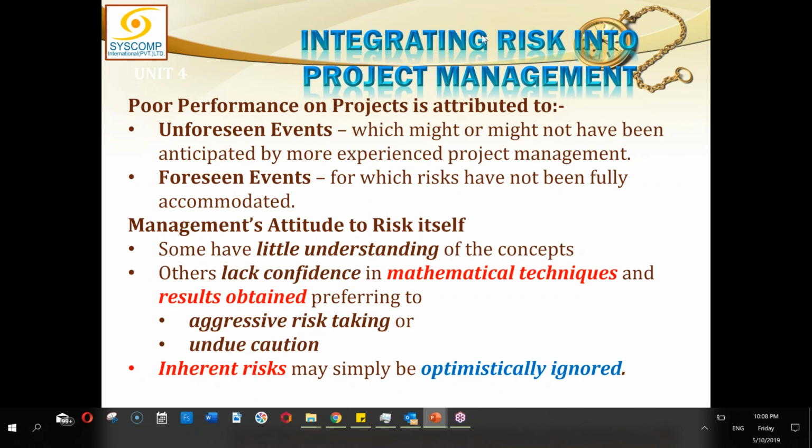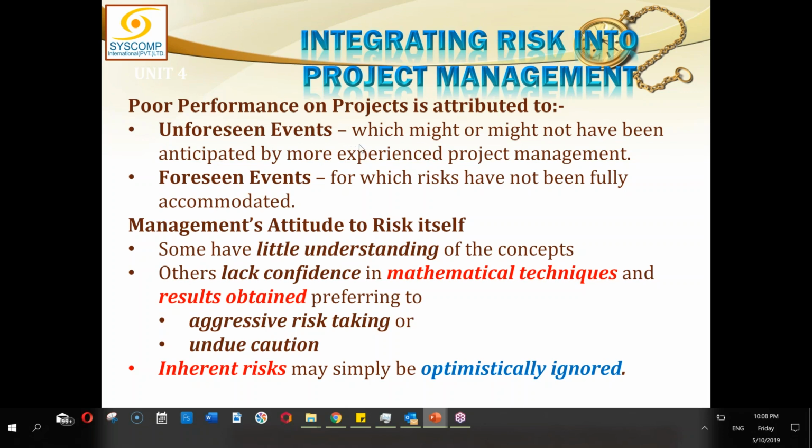So now, integrating the risk into the project management, poor performance on projects is attributed to, as this slide shows, and this point we have already talked about, first of all, we blame the unforeseen events, and next we blame the foreseen events. As far as the unforeseen events are concerned, these are the unknown risks.